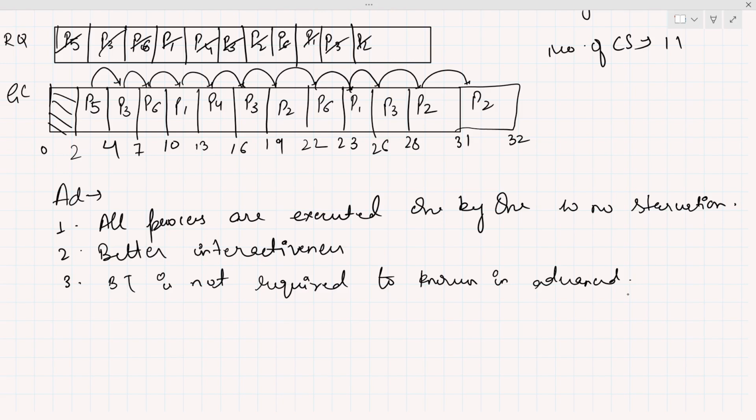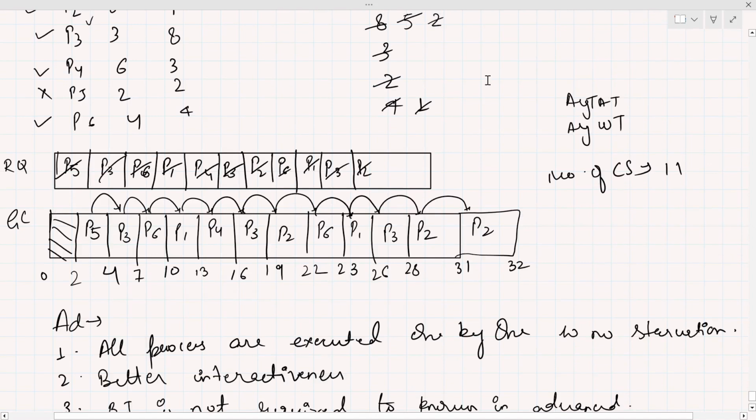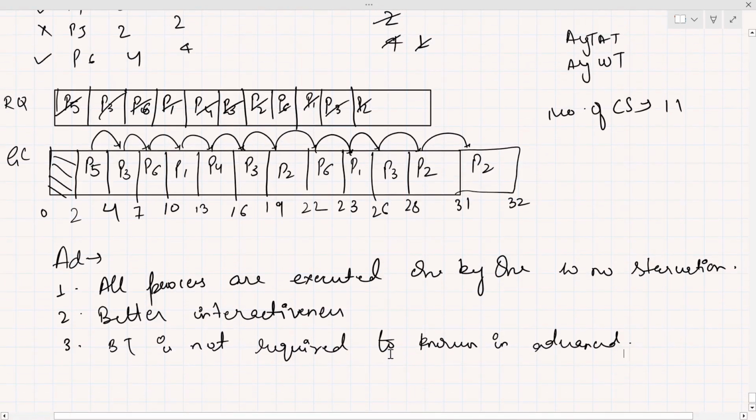In this scheduling algorithm, we don't need to know the burst time because we know the time quantum. Whatever the burst time is, the process can spend only this quantum of time on the CPU, not more than that. So there is no need to know the burst time in advance. That's why it's very helpful in practical implementation as well. So this is an advantage.